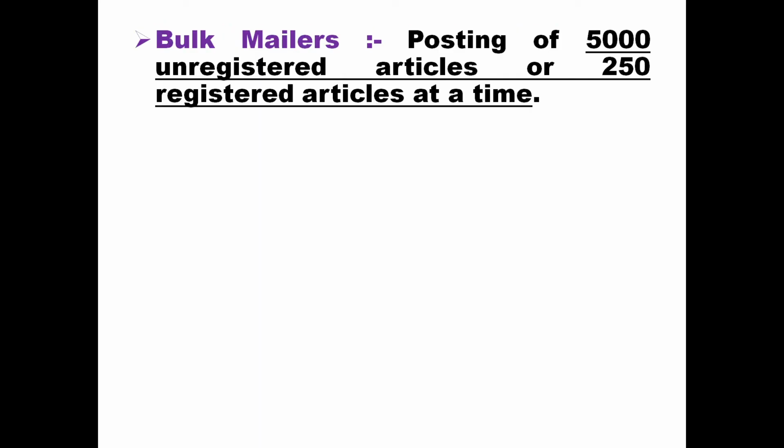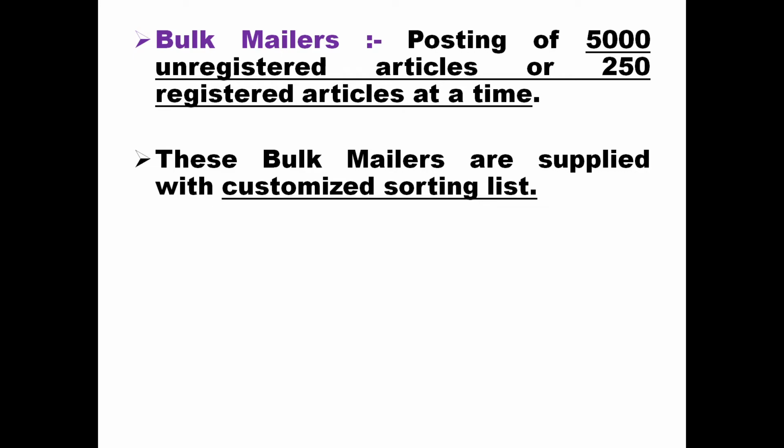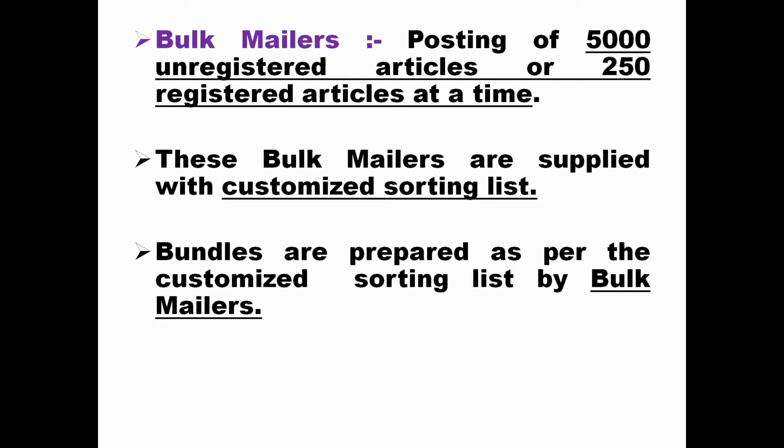Bulk mailers. Posting of 5,000 unregistered articles or 250 registered articles at a time is called bulk mailers. These bulk mailers are supplied with a customized sorting list. Bundles are prepared as per the customized sorting list by bulk mailers.